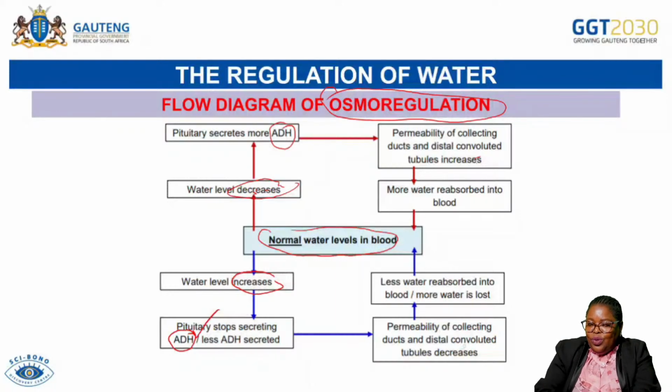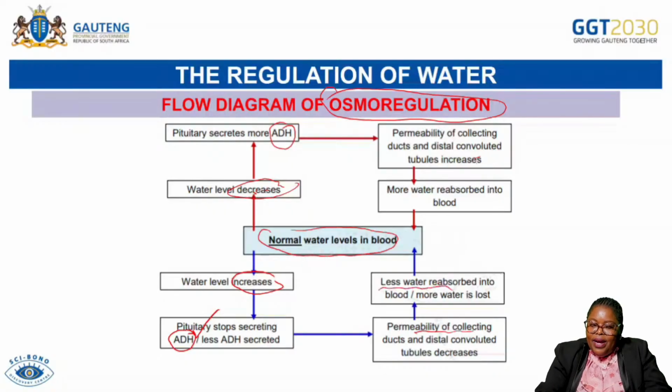Now let us check what will happen to the kidneys there. The permeability of the collecting ducts and distal convoluted tubule decreases. Then less water is reabsorbed into the blood, or more water is going to be lost, and that will lead to what?